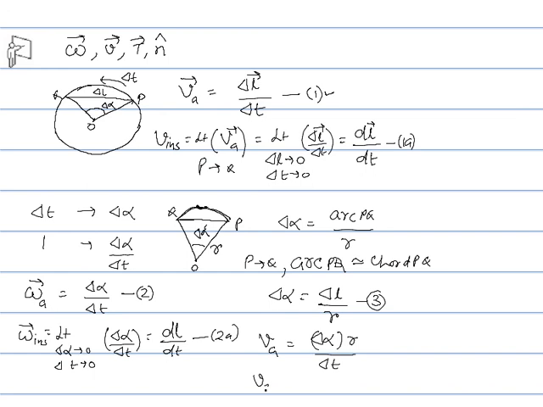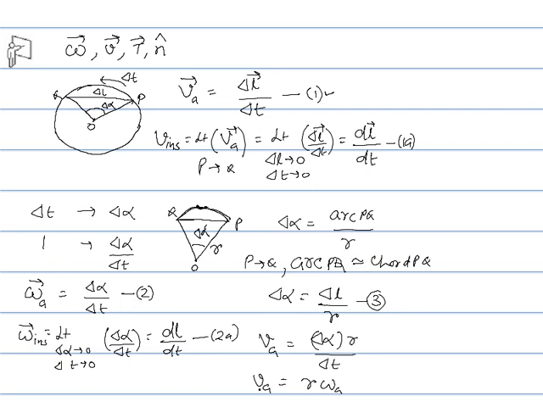So V average equals R, and delta alpha by delta T is omega average.